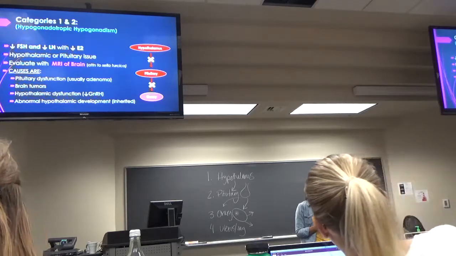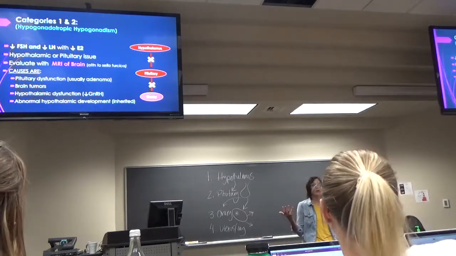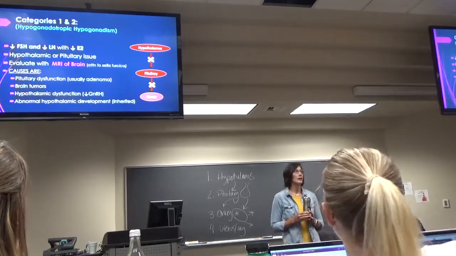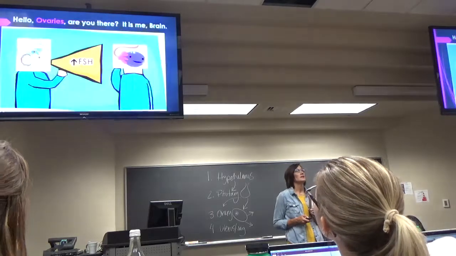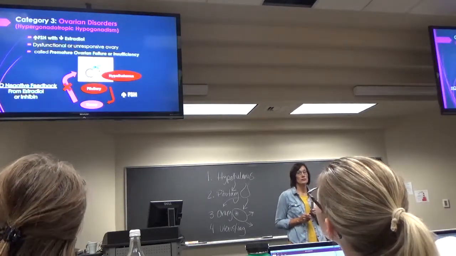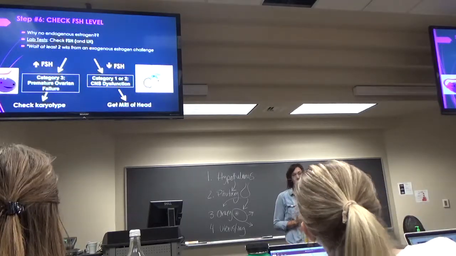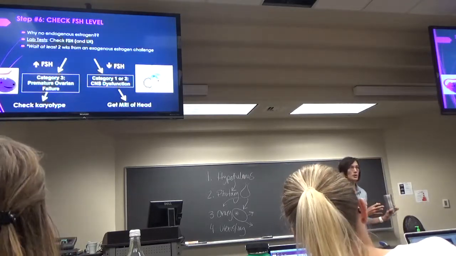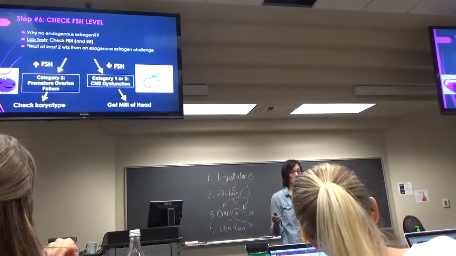So to think about these clinically, all we know at this point is they have an elevated FSH. I misspoke, let's go back. FSH is high, we looked at the ovary not cooperating. If the FSH is low, we know it's up top.